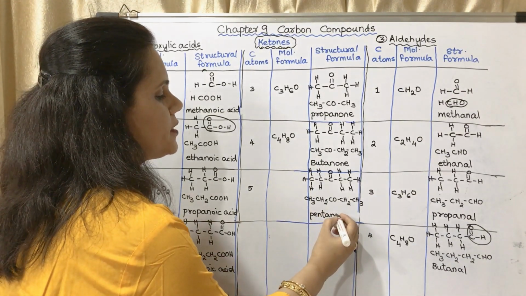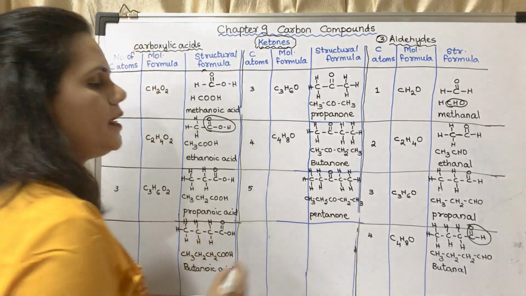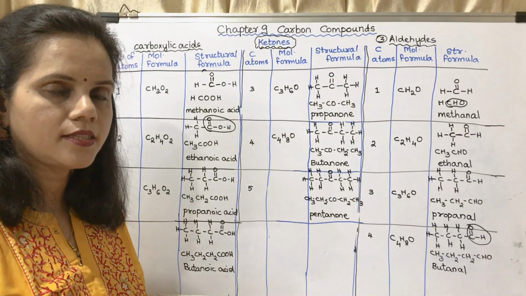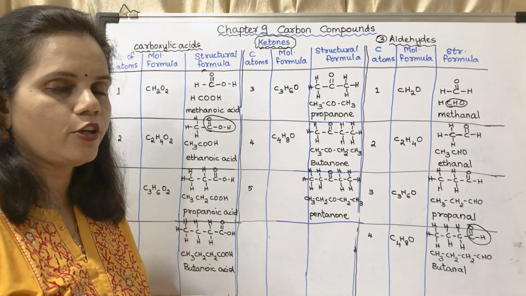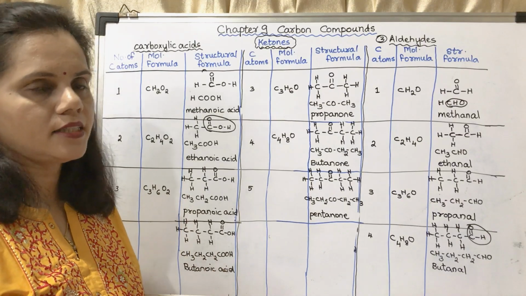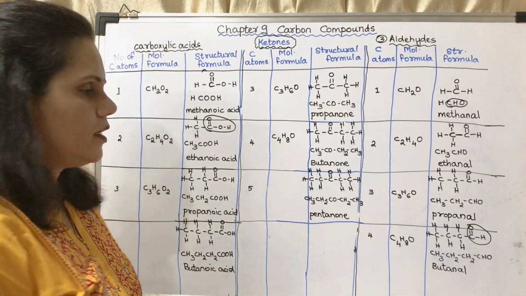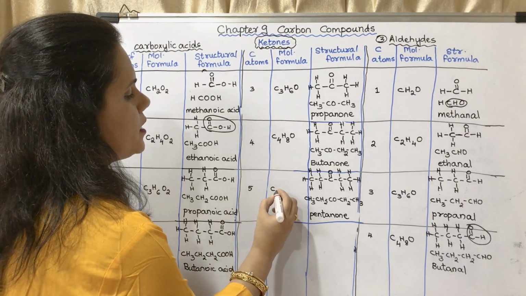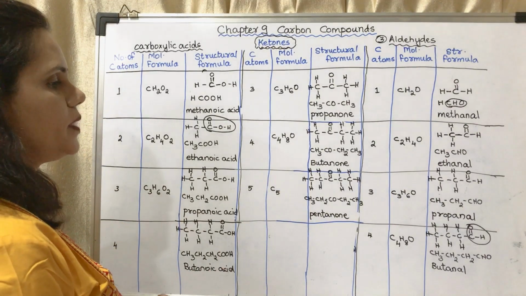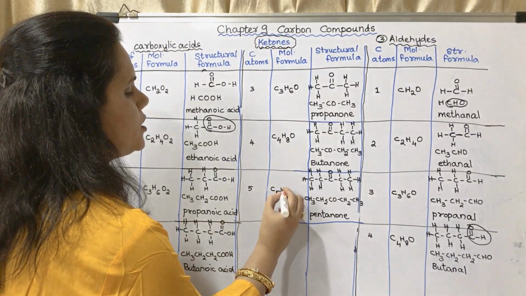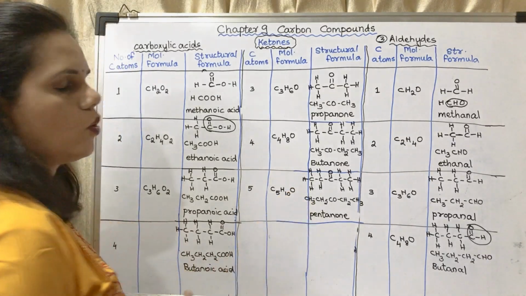And what is the suffix? The suffix will be ONE, that is pentanone. This is the common name. We will come to IUPAC name in the other lecture. So this is pentanone. What will be the molecular formula? C5H. How many H are there? There are 10 H and 1 O.